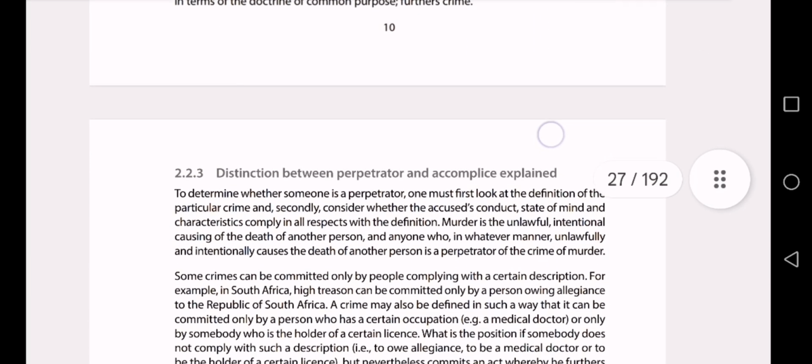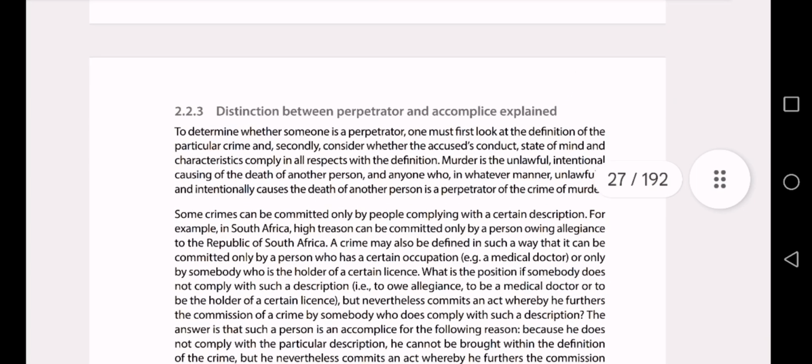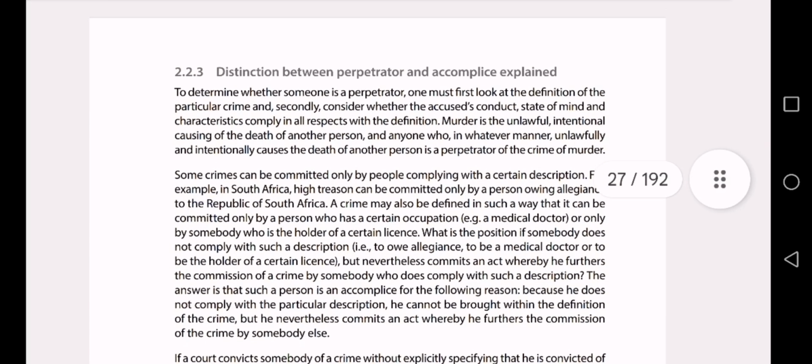All right. We're proceeding to 2.2.3, distinction between perpetrator and accomplice, explained.